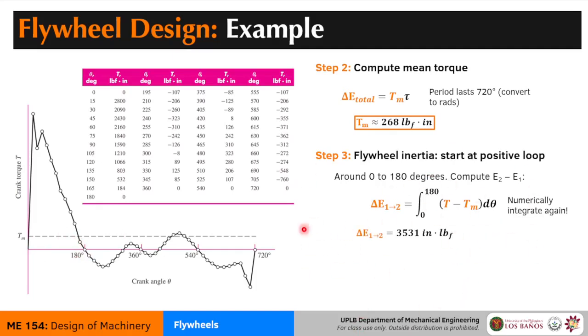Okay, so what can I do with this value now? We have several expressions for delta E that involve the mass inertia. So we have this equation. We know the coefficient of speed fluctuation. It's 0.1 from the given. We also have 250 radians per second as the nominal speed, omega.